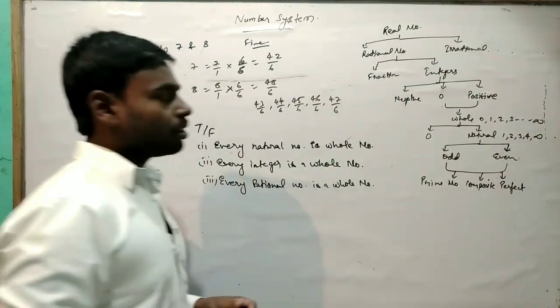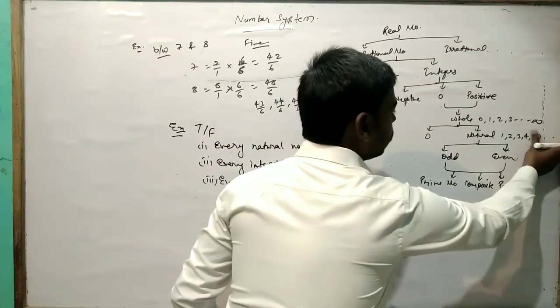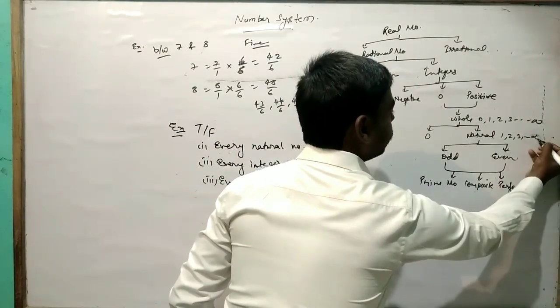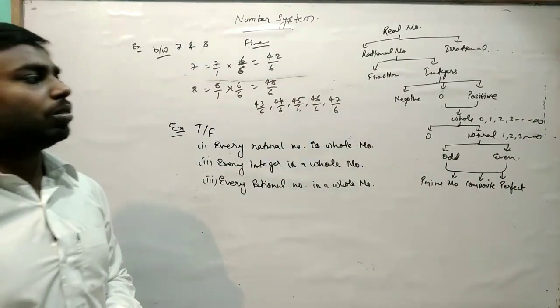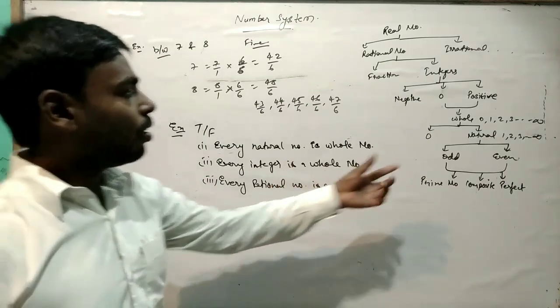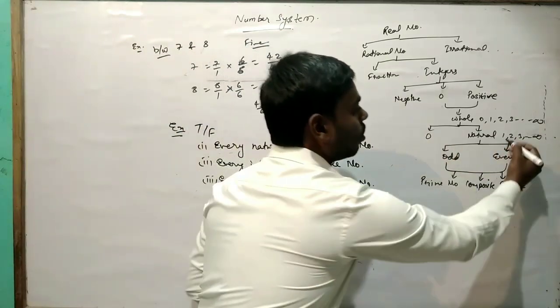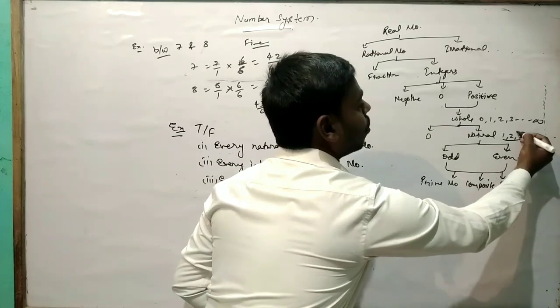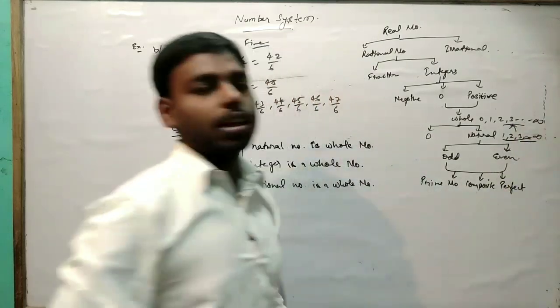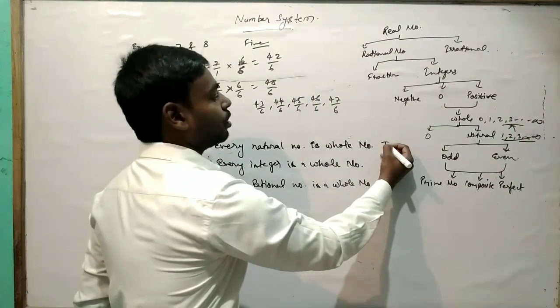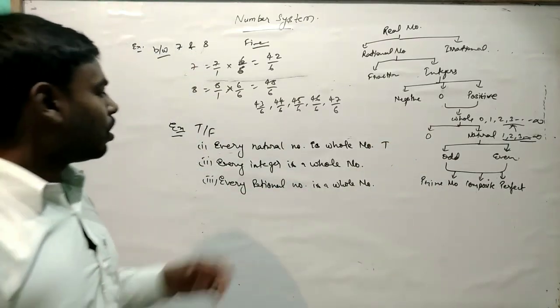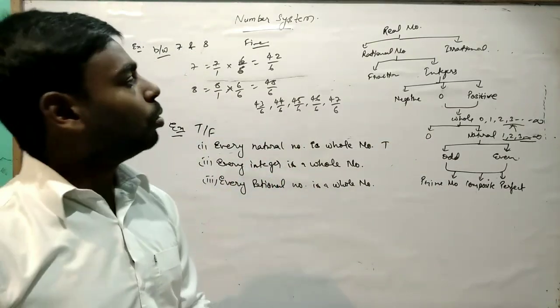So all natural numbers are whole numbers. So it is true. After this, every integer is a whole number.